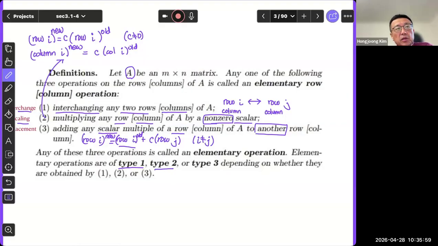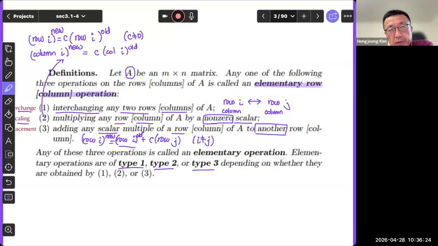So that is the third type of operation. And these operations will be called elementary row operations or elementary column operations. We have only these three types of elementary operations.